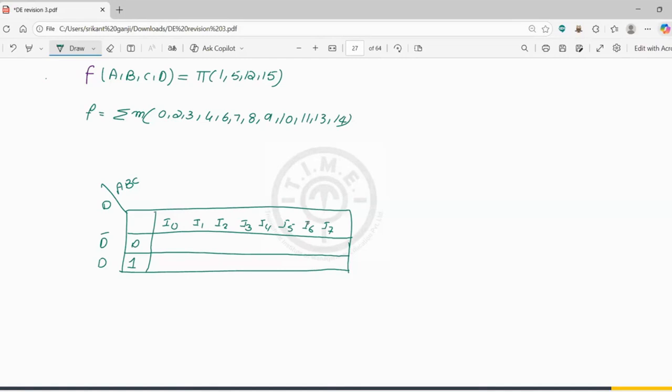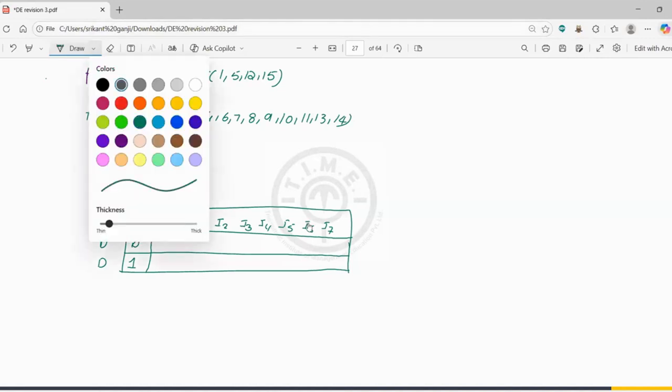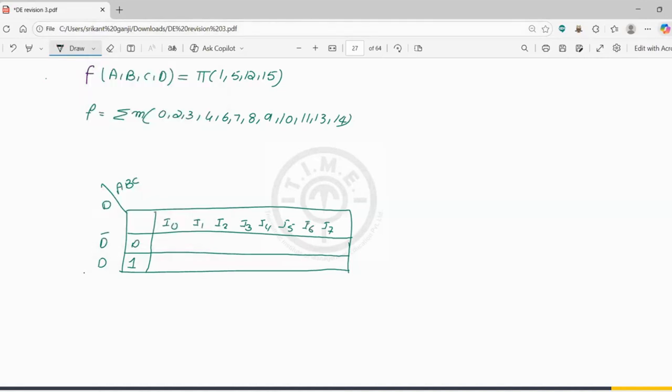First of all, you are taking the even values now: 0, 2, 4, 6, 8, 10, 12 and 14 here. And here 1, 3, 5, 7, 9, 11, 13 and 15.